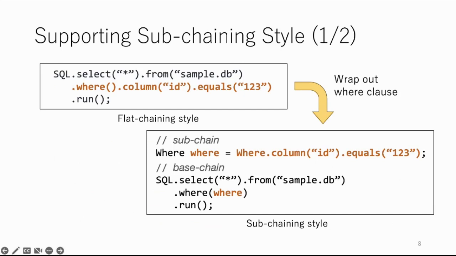The highlighted method calls are the part wrapped out. They are flatly chained in the upper figure, but in the lower figure, they are stored in the variable where and then attached to the base chain.